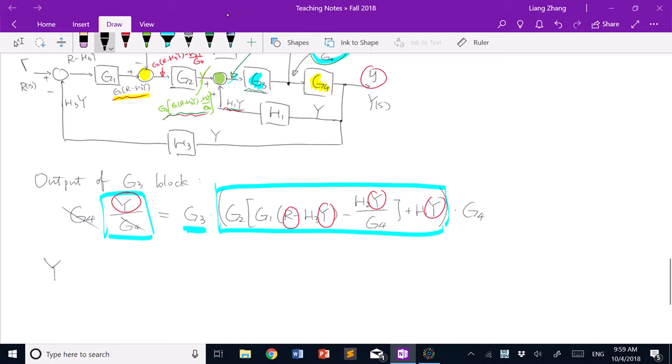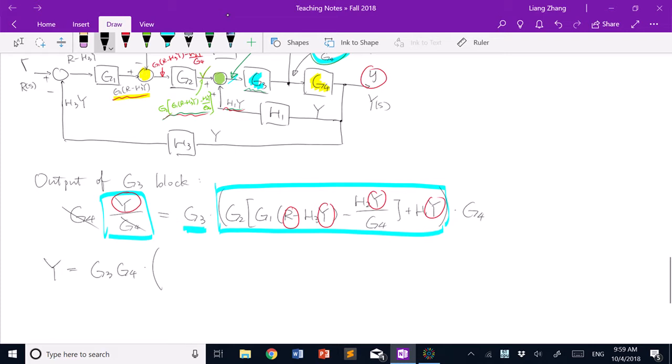Expanding this equation, I have Y on the left hand side, and then G3 G4 times G2, which I can multiply in here.